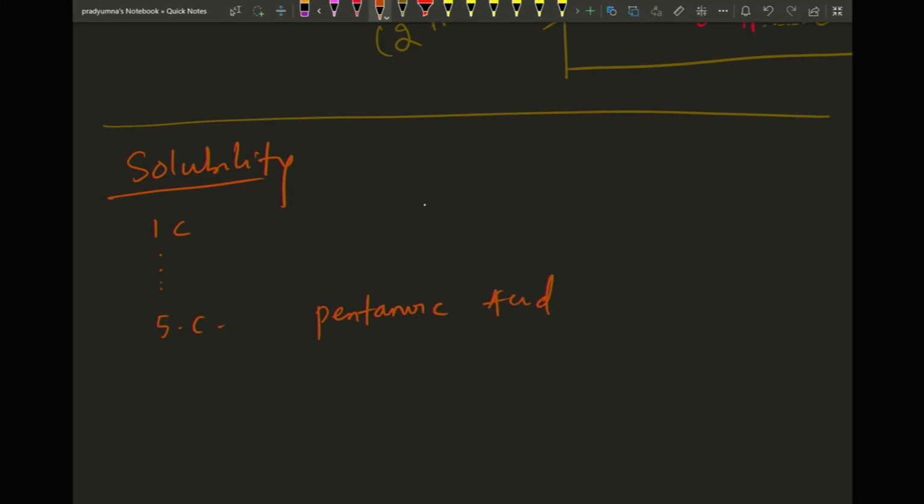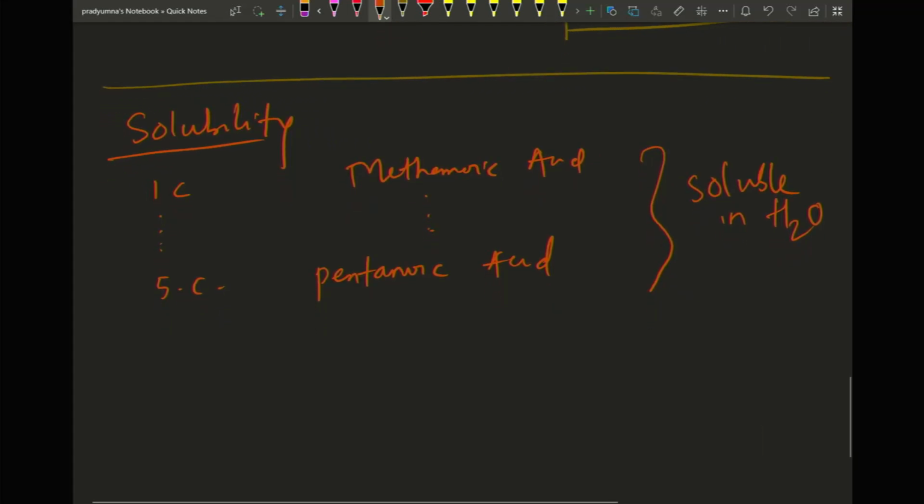So from 1 to 5, methanoic acid and so on, up to 5, they are all soluble in water. But beyond that, they're insoluble. Like 6 carbon atoms is slightly soluble. Anything beyond that is going to be insoluble.